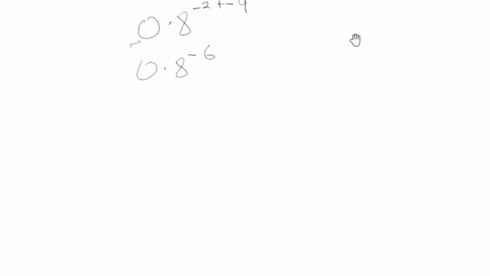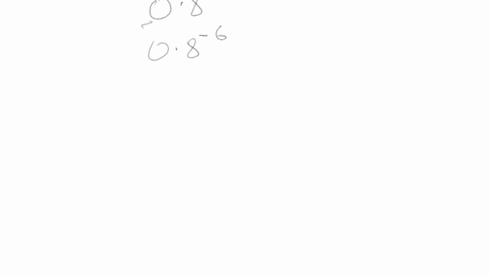Let's look at more examples. If I have 2x exponent 3 over 2x exponent negative 2, the bases are the same.